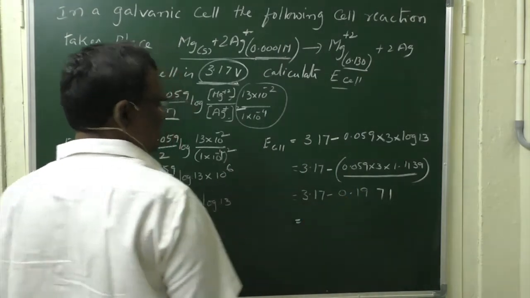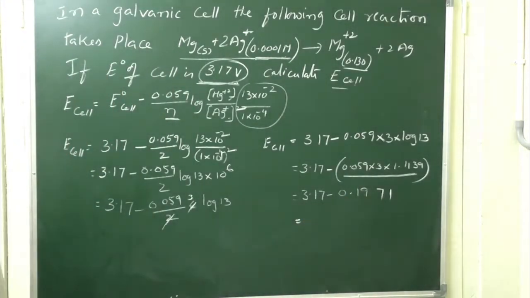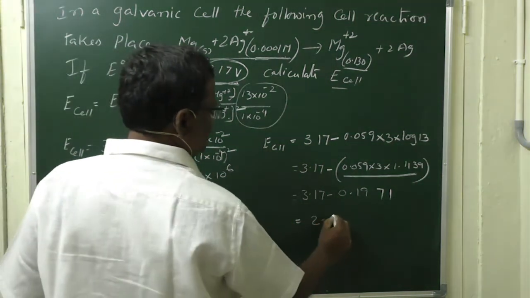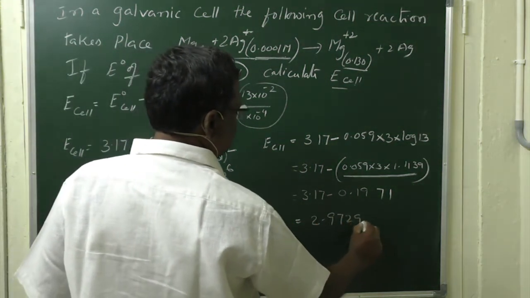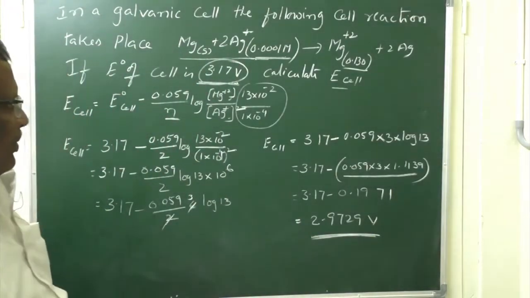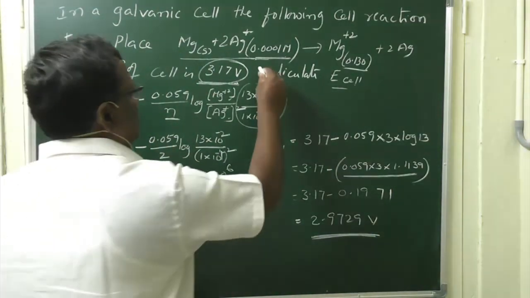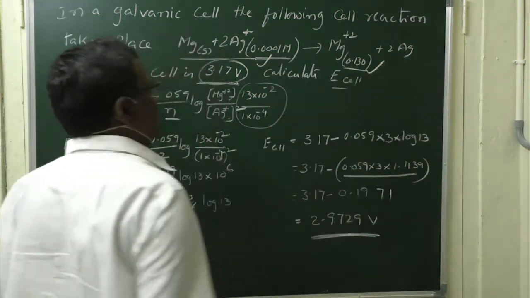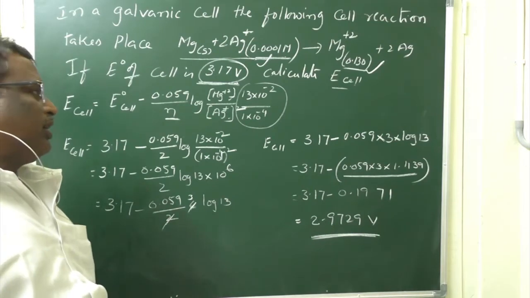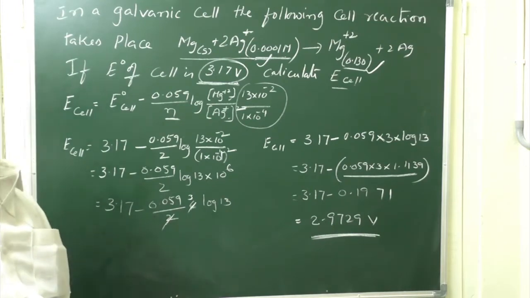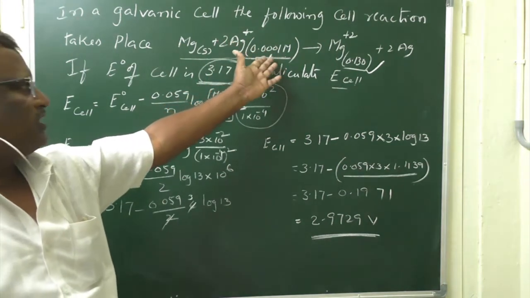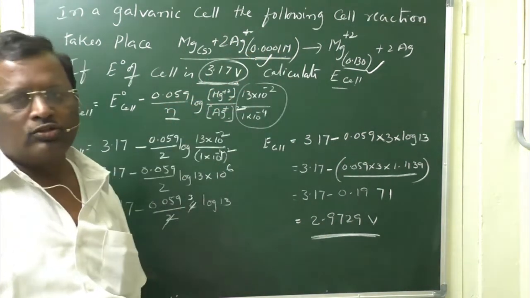So on subtracting this, you will get 2.9729. This is the EMF of the cell at these concentrations, Ag+ concentration at 0.001 and magnesium ions concentration at 0.13. You can do similar problems. If the concentration was different, the result will also differ.